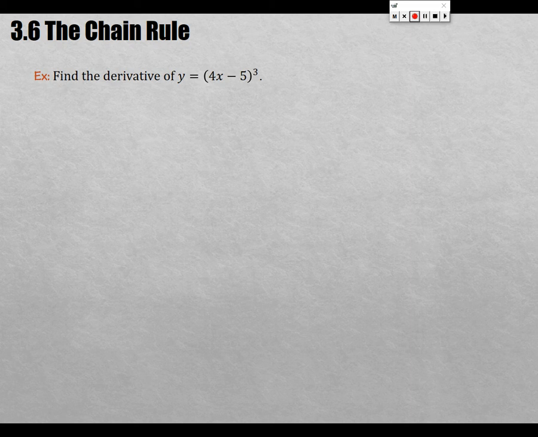Take the derivative of the whole thing as if it's like something cubed. What's the derivative of something cubed? 3 times that something squared. So just start by writing that down. And then what's the penalty afterward? Yeah, multiplied by the derivative of the inside.